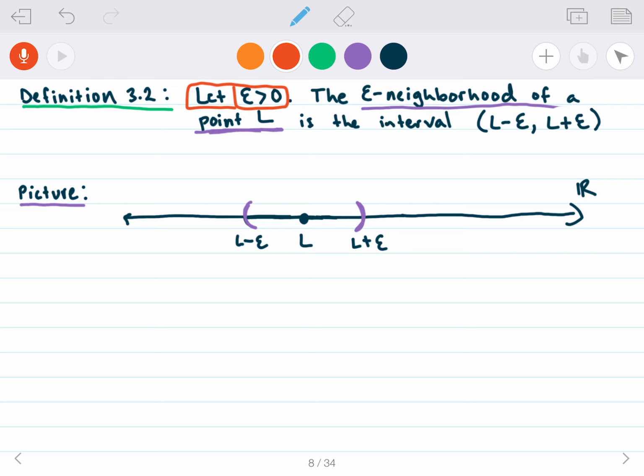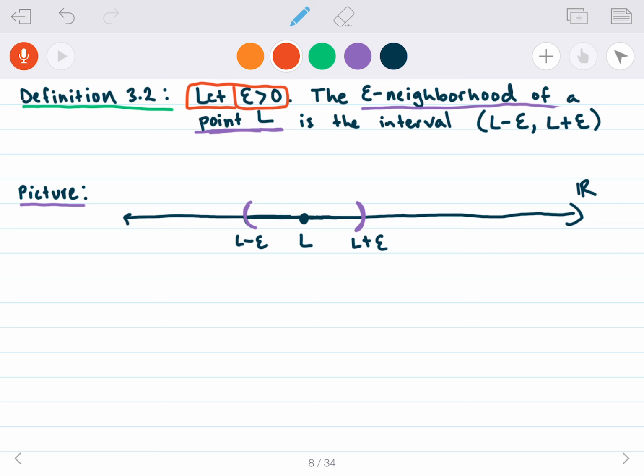That's what we're going to start out with for a lot of the proofs that we're going to do. What do I mean by epsilon being bigger than 0? I mean that epsilon can be any number bigger than 0. It doesn't have to be an integer or a natural number. It could be something like 1 over a trillion. I don't care what epsilon is, no matter how small it is. The only condition I'm imposing on it is that it needs to be larger than 0.